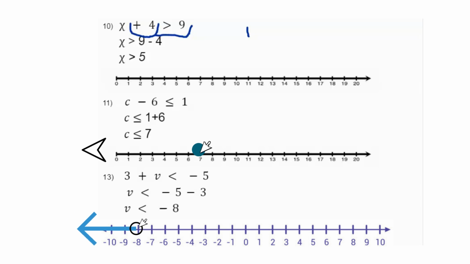Whatever you do on the left side, you also do on the right side. So we are trying to find anything that would make this plus 4 into 0. Minus 4 is equal to 0.